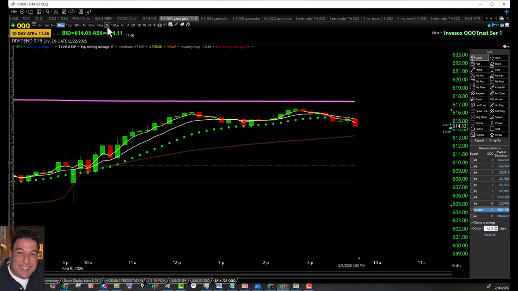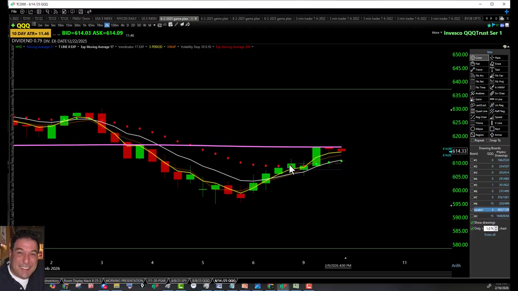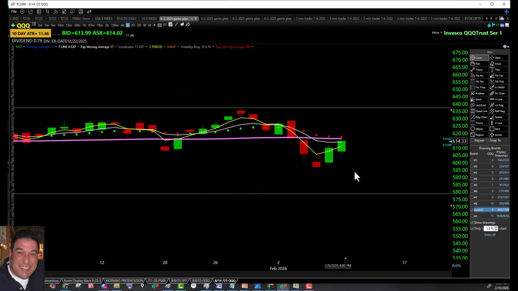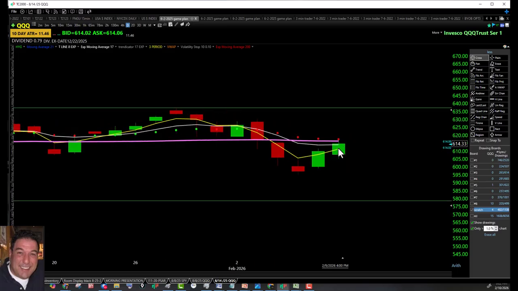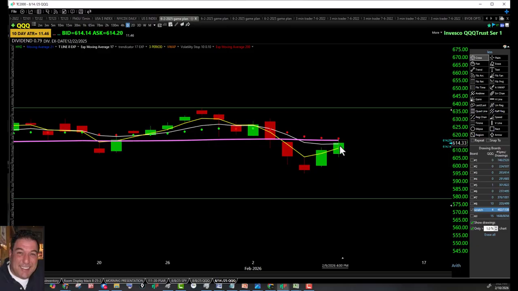On the 2-hour time frame, we've got a 2-hour uptrend. Got the sticks and the 3 riding up over the 8. So that's a 2-hour uptrend coming into the close. On the daily candle, we've got a higher low and a higher high. We closed over a bearish trap, but under the falling 17 or the flat 17 there.